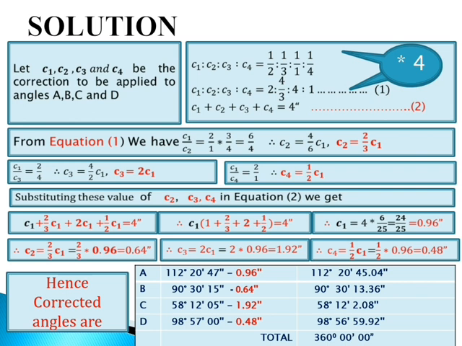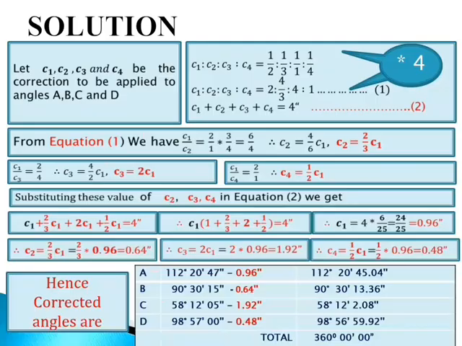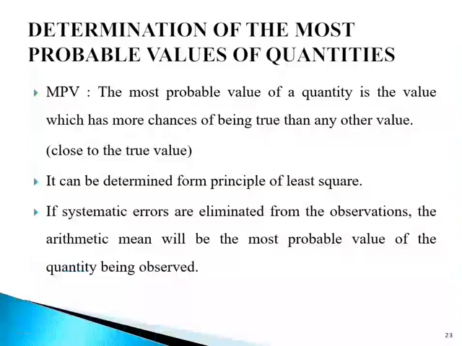And lastly, for D, 98 degree 57 minute 0 second minus 0.48 second. So our final angle will be 98 degree 56 minute 59.92 second. If we do the summation of all these values, the total will be 360 degree 0 minute 0 second, which is okay.